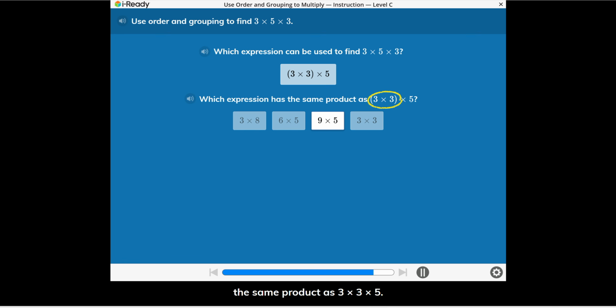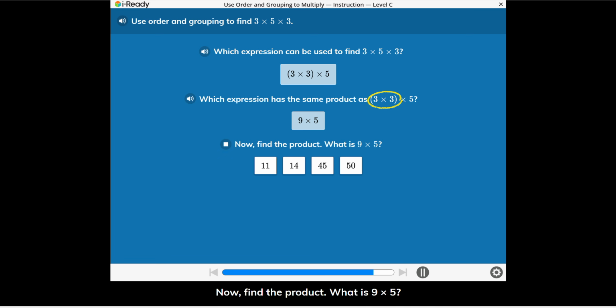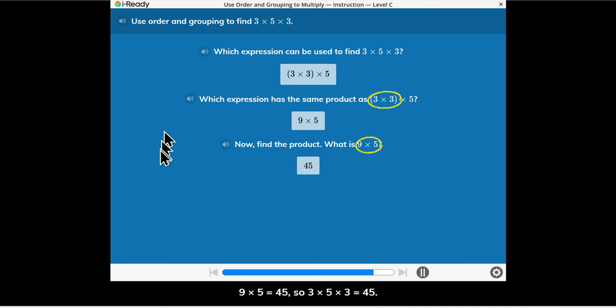So this expression has the same product as 3 times 3 times 5. Now find the product. What is 9 times 5? You can do this. 5, 10, 15, 20, 25, 30, 35, 40, 45. Stop. That's 45. So 3 times 5 times 3 equals 45.